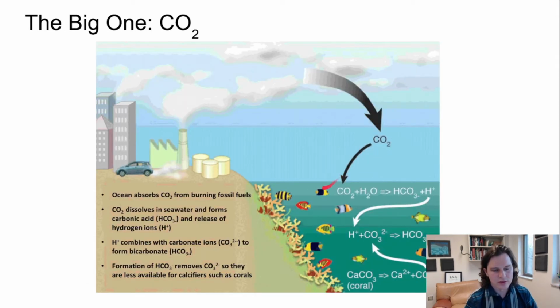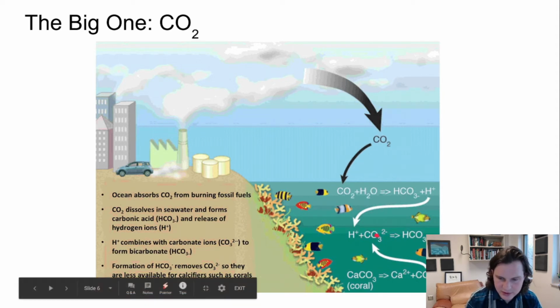When the ocean absorbs carbon dioxide from fossil fuel burning, that carbon dioxide will dissolve in seawater through this reaction, and that will release a hydrogen ion, so it'll release some acidity. Some of that acidity can be absorbed by bicarbonate in the system, but not all of it.